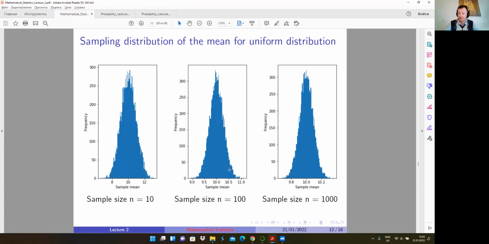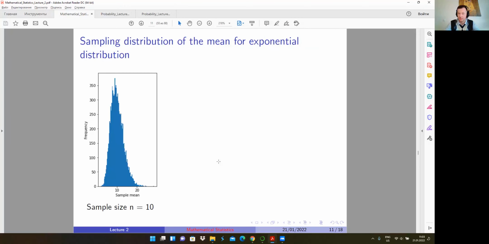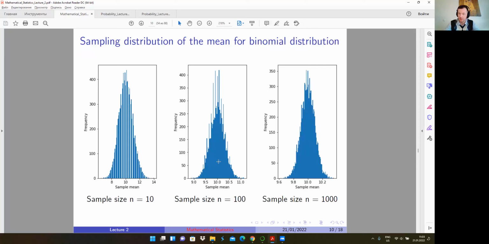So that's here, right? So once again, it doesn't matter which distribution we have: binomial, exponential, uniform. All three, the sample means for all three, with the increase in the sample size, somehow move towards the normal distribution.